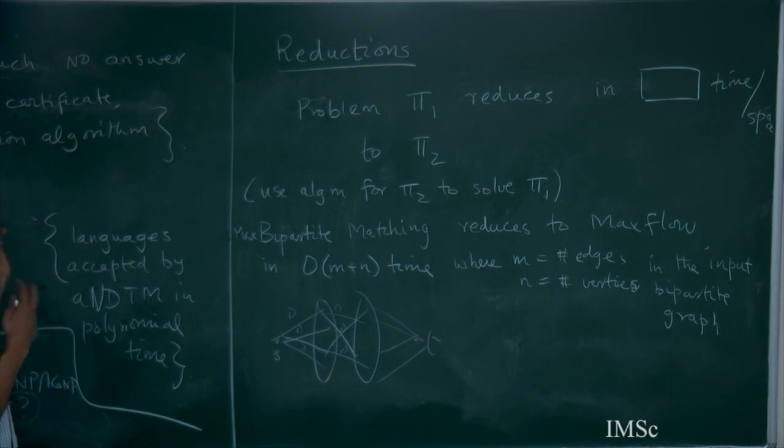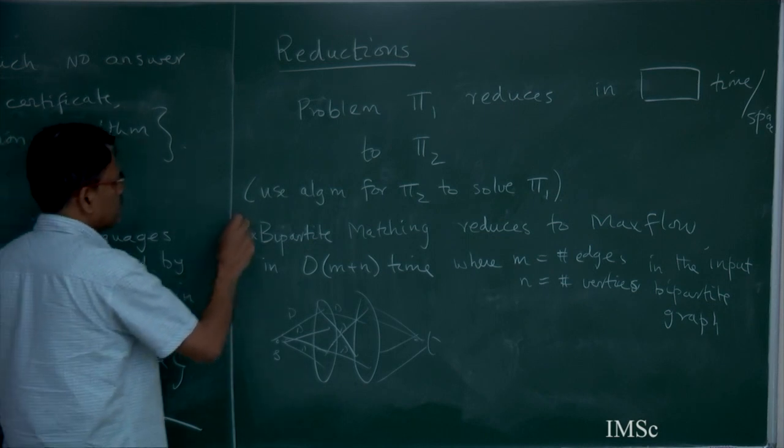In the context of NP completeness, we will actually use it to show some sort of a lower bound. I will be clear about why and how. So here is an example.